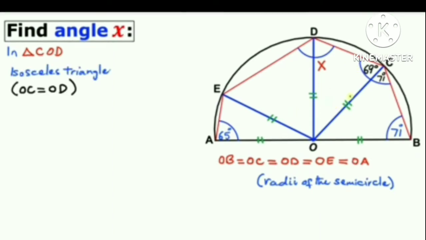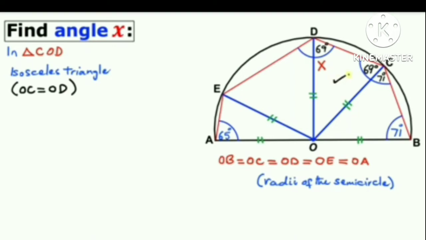We can see that this triangle is an isosceles triangle as well, since OC equals OD. So this angle has got to be equal to this angle as well. Since this is 69 degrees, this angle has got to be 69 degrees as well.